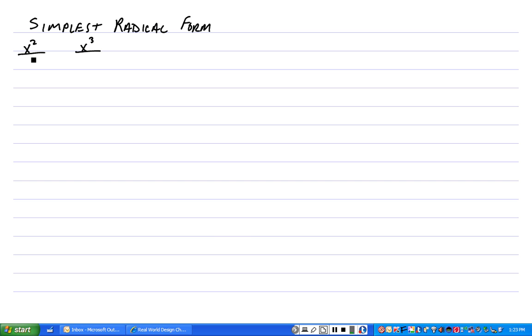Alright, so let's just real quick go through a listing first for perfect squares. 1 squared is 1, 2 squared is 4, 3 squared 9, so on and so forth, 16, 25, 36, 49, 64, 81, 100, 121, 144, 169, 196, and 225.